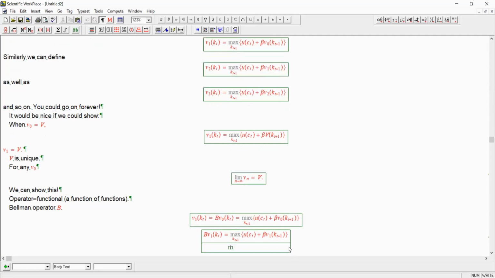So this is the same thing as saying that V sub 2 is equal to B of V1, and B of V1 is B of B of V0. So we've used the Bellman operator twice here. And we can summarize that by just saying that B here is squared. That just means, again, we use the Bellman operator twice, or alternatively, we went 2 times through this cycle here.